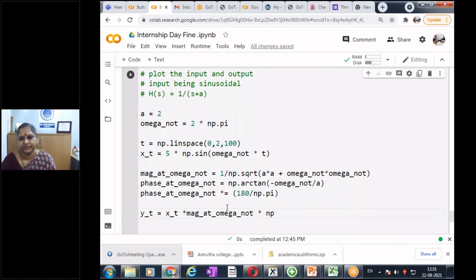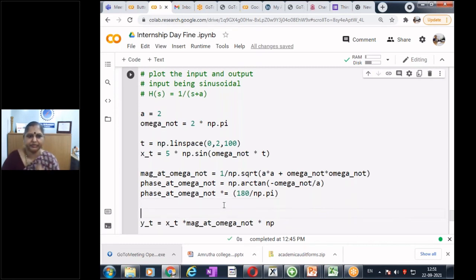Let me put my output magnitude: 5 into the magnitude at omega naught.